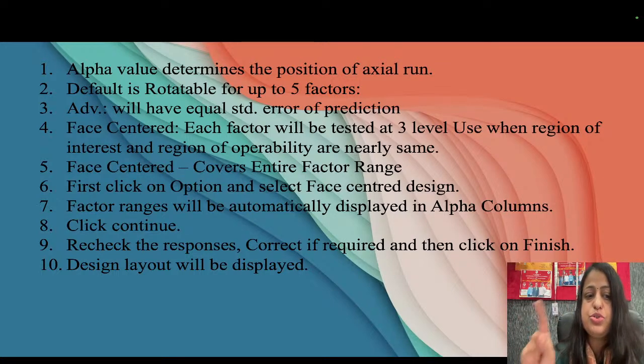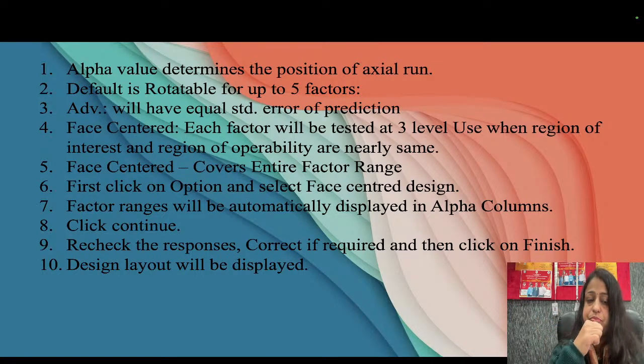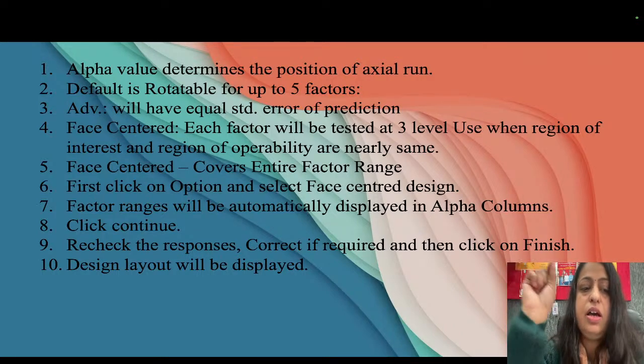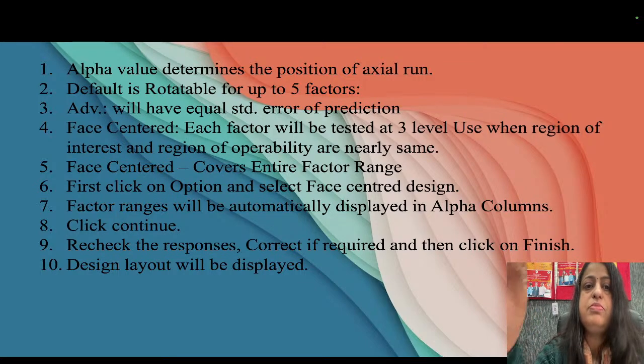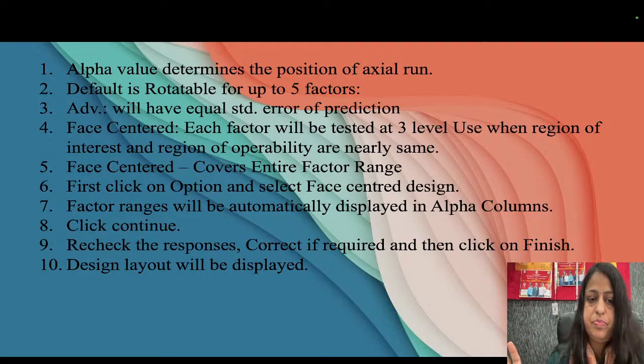Then in the next two columns, if you have selected 2 responses, it will give you the names of the 2 dependent factors. If you have selected one response, then in one column only it will give you the name of that dependent variable. Now you have to perform the experiment in the lab, and then you will enter that detail in that column, right?